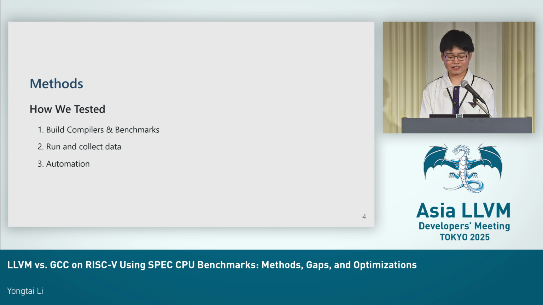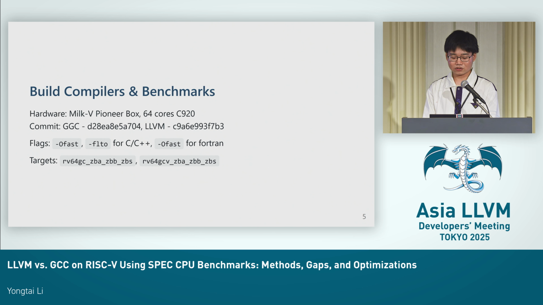We built the compilers and benchmarks on RISC-V machines, then executed the tests and collected performance data through QEMU on x86 systems. Finally, we developed an automated tool to do this. Here are some details. All RISC-V builds were performed natively on a 64-core Milk-V Pioneer box, and the performance data were generated from those two specific compiler commits.